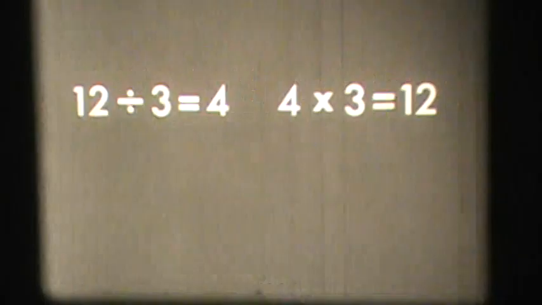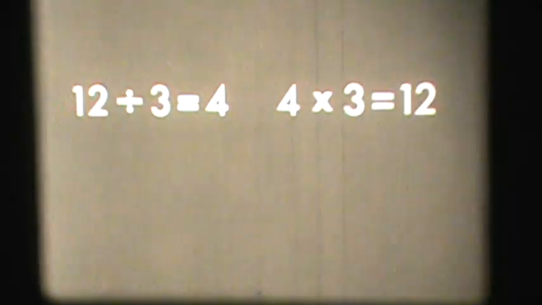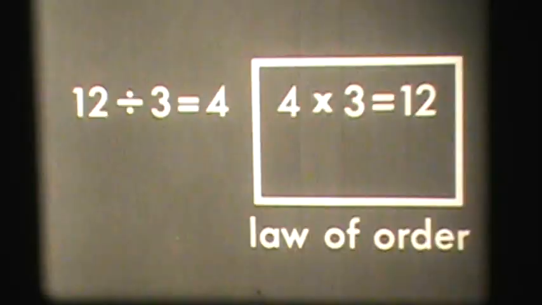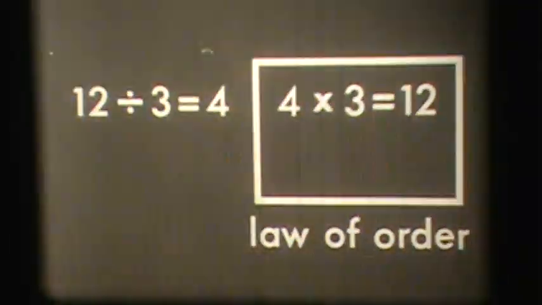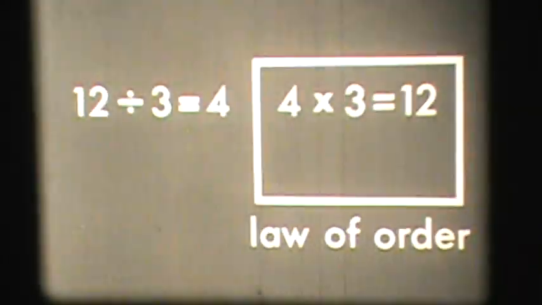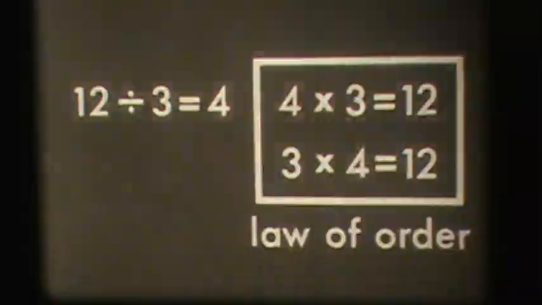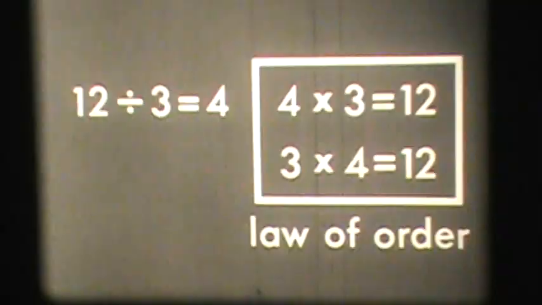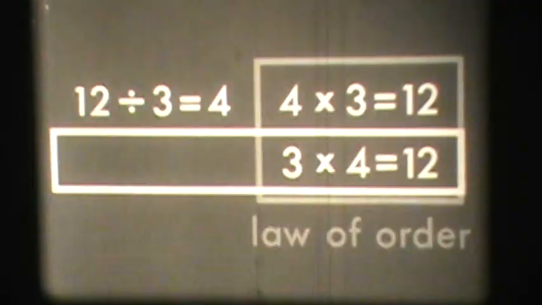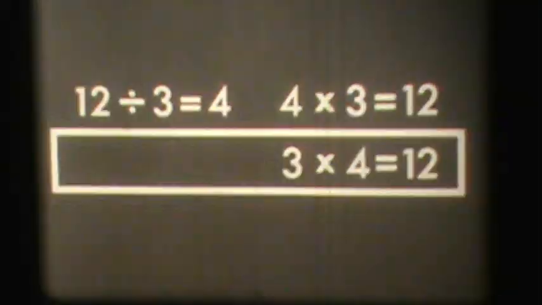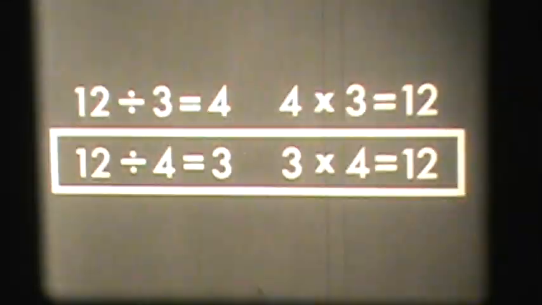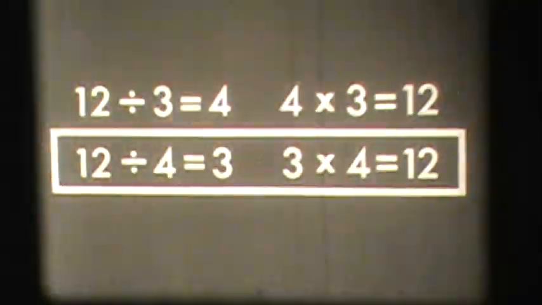We also know from multiplication that multiplication facts come in pairs. The law of order helps us remember that if 4 times 3 equals 12, then 3 times 4 equals 12. If 3 times 4 equals 12, then how many 4s in 12? The answer is 3. 12 divided by 4 equals 3.